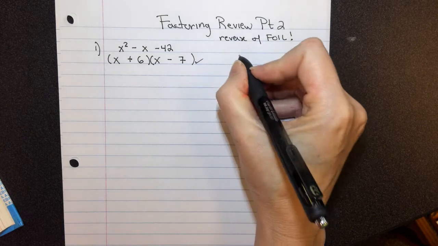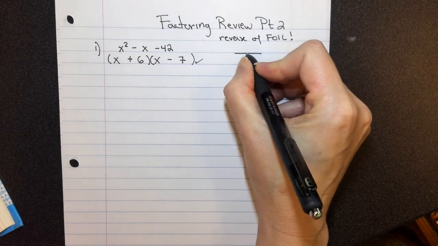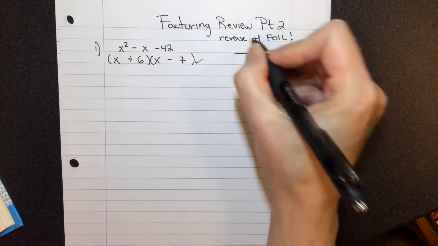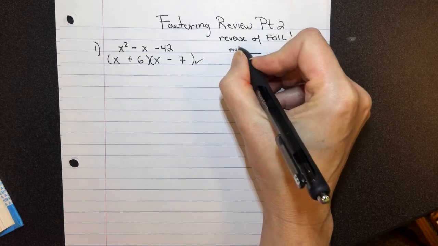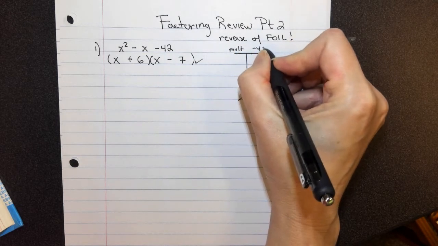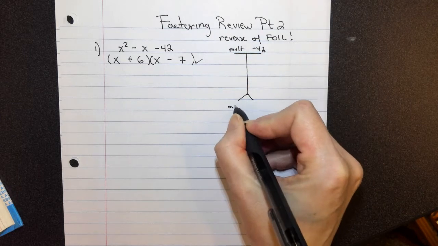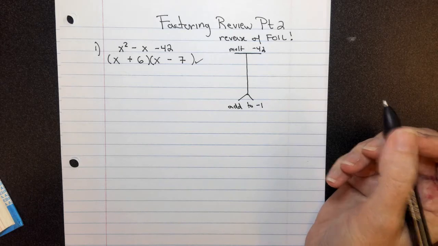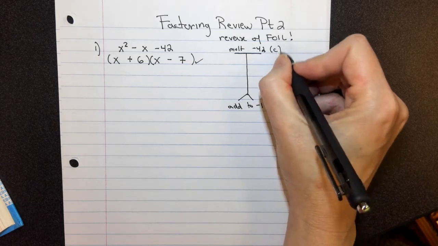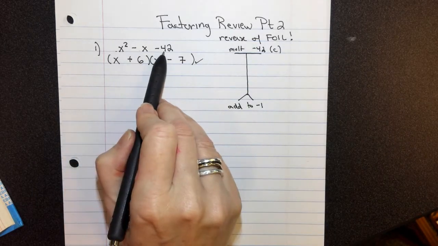So what you maybe want to do is make a little guy over here. I need to multiply to negative 42, so I'm going to write multiply to negative 42. I need to add to a negative 1. This is going to be the c value, a, b, c.